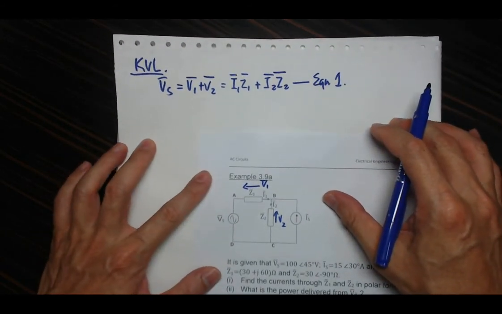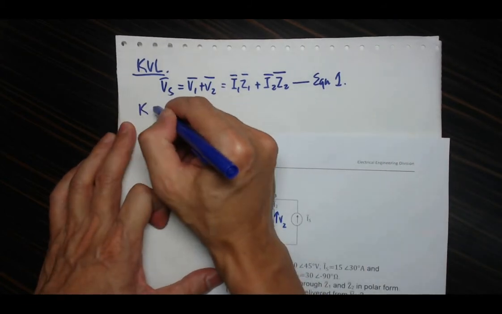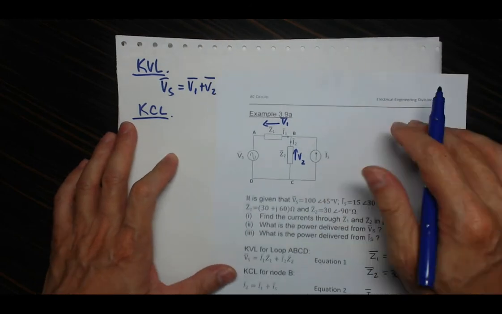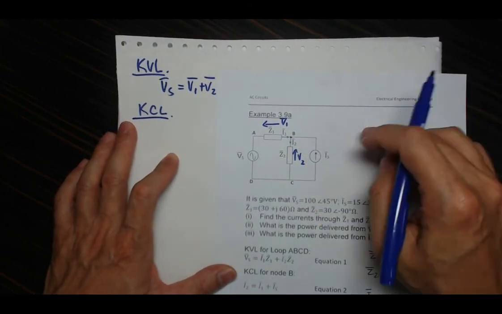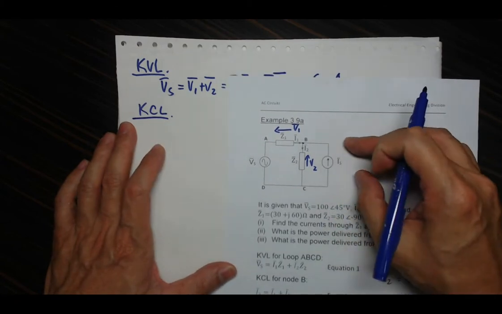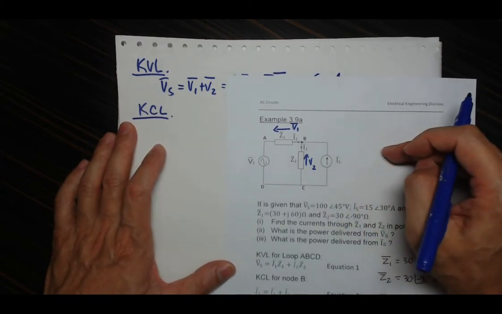The other one is using Kirchhoff Current Law. Kirchhoff Current Law says the total current coming into a node, in this case node B, is equal to the sum of the current coming in and going out.